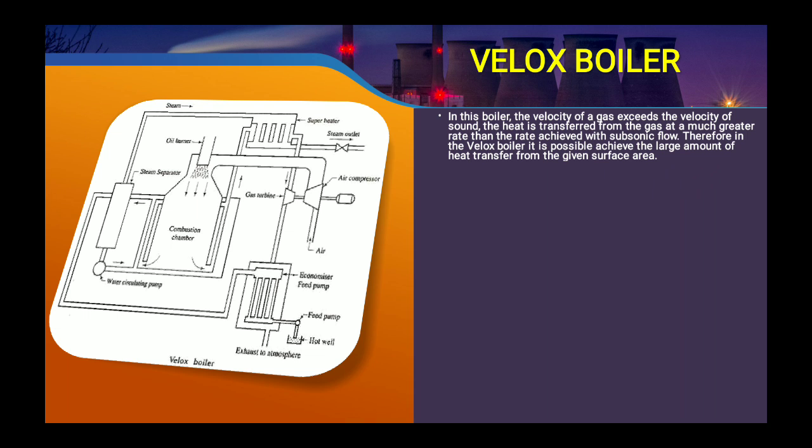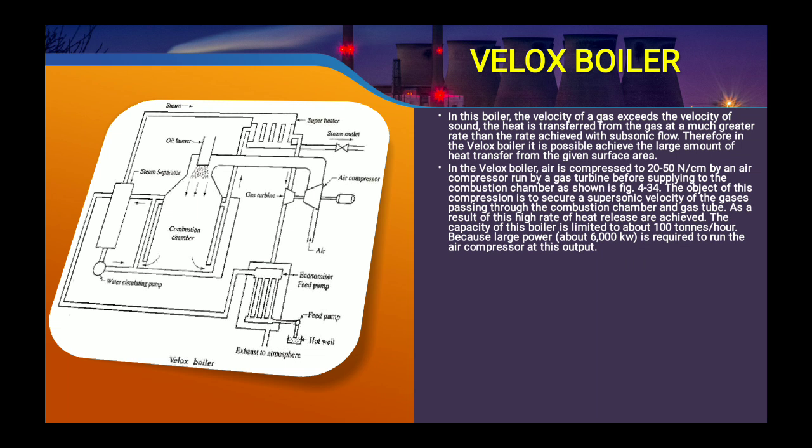Therefore, in the Velox boiler, it is possible to achieve a large amount of heat transfer from the given surface area. Due to that very reason, a large amount of heat transfer is possible in the Velox boiler.